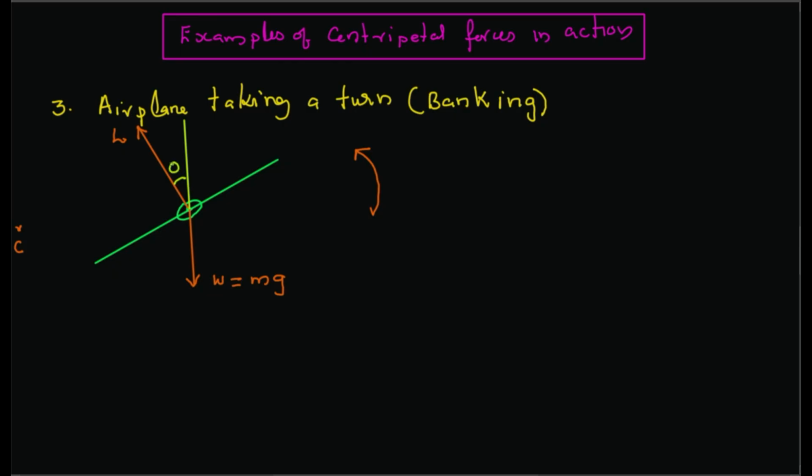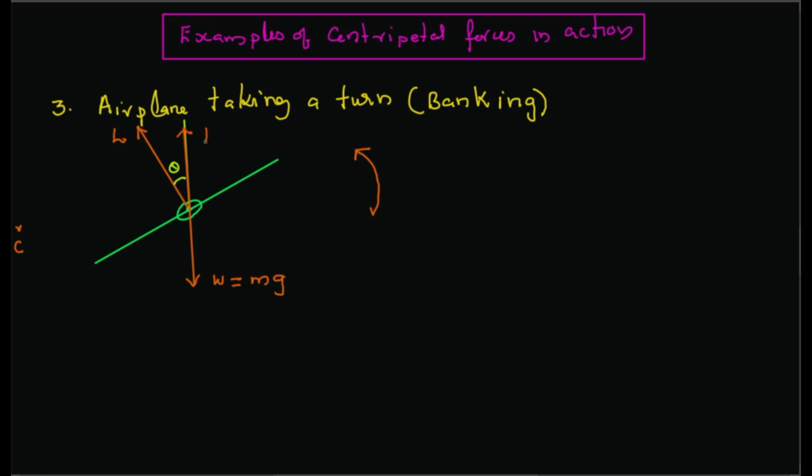Now, the component of the lift we can mark here. This is the vertical component of the lift. Put an arrow in here.